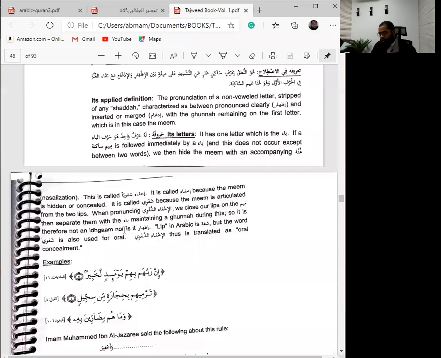With izhar, you close with a meem and then you pronounce the following letter. With ikhfa, you close with the meem and you open with the ba. Lip in Arabic is shafa, but the word shafawi is also used for oral. Al-ikhfa al-shafawi thus is translated as oral concealment.